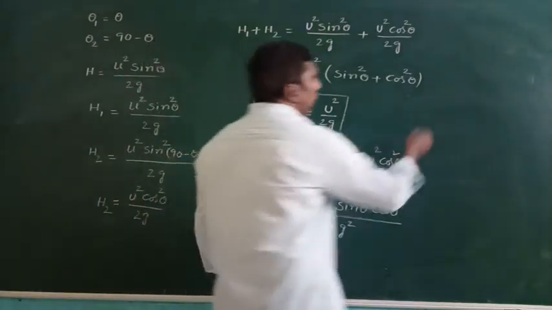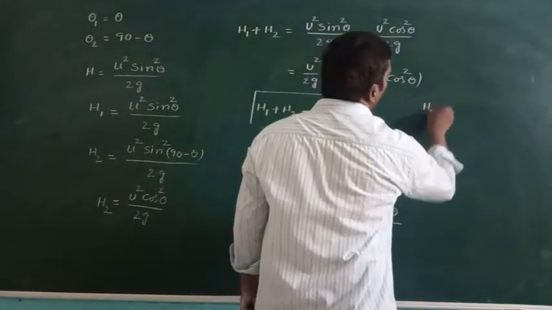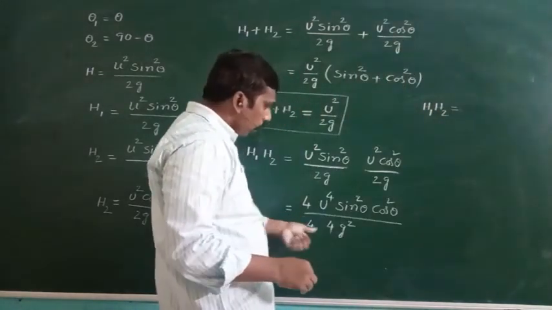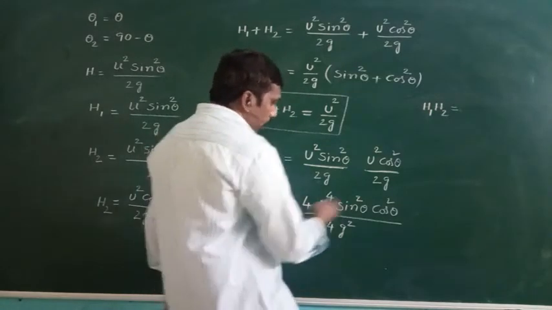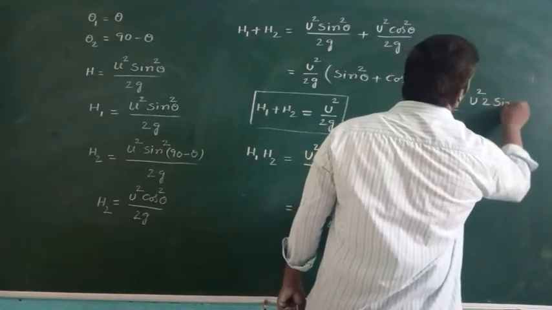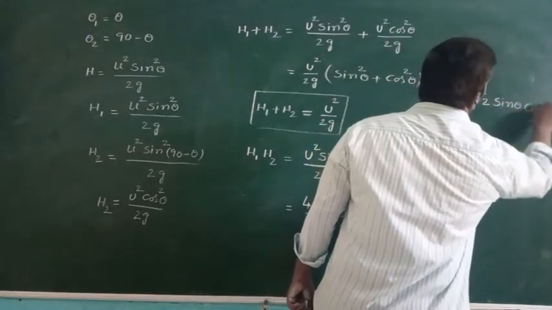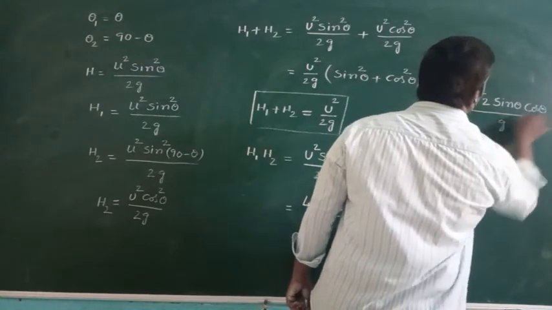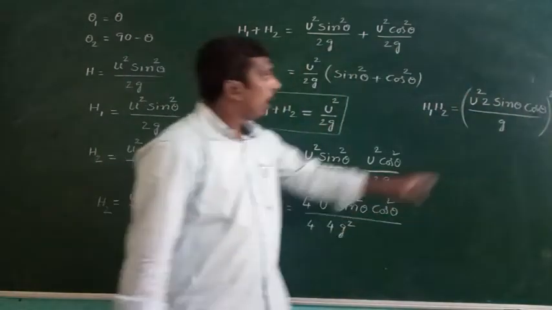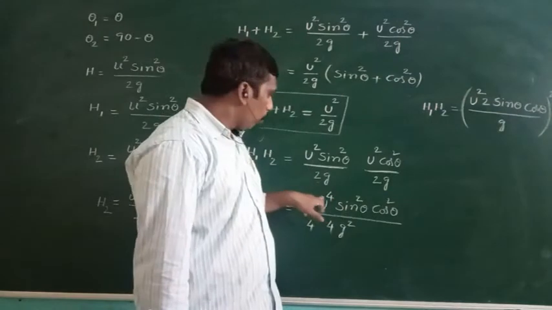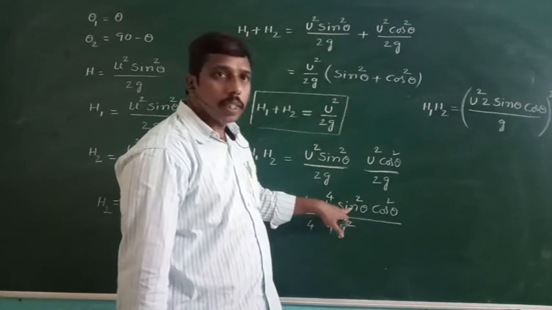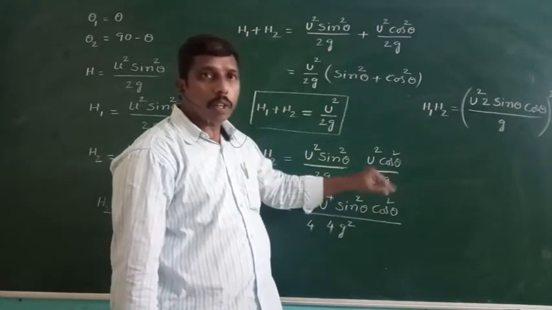Same equation, we can write H1 into H2 is equal to, 4 is there, so can I write it like this: u square into 2 sin theta into cos theta by g, whole square, because u square whole square is u power 4. Write 4 as 2 square, sin square theta as sin theta whole square, and cos square theta as cos theta whole square.